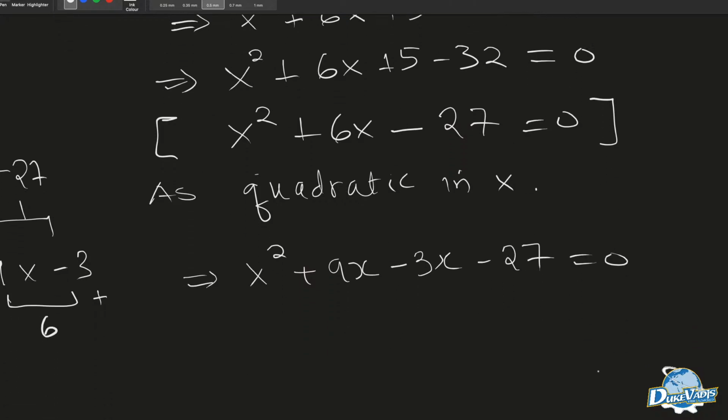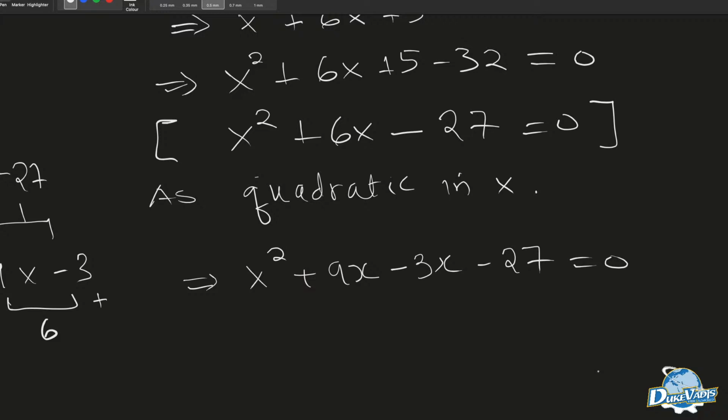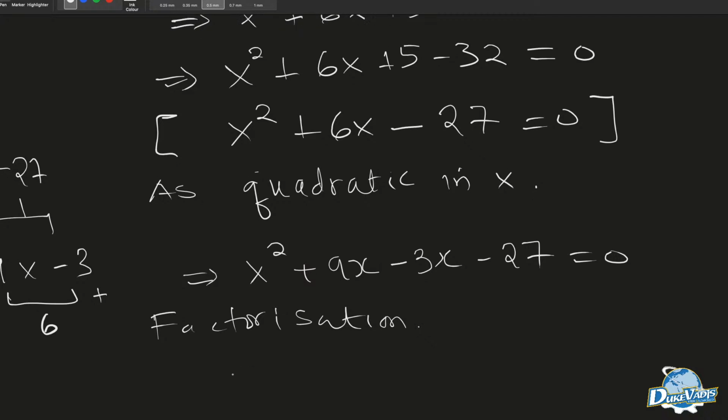It is quadratic, so what do we have to do? We have to do factorization. When we factorize, we bring our x out: x times (x plus 9), and here we minus 3 times (x plus 9) again, equal to 0.